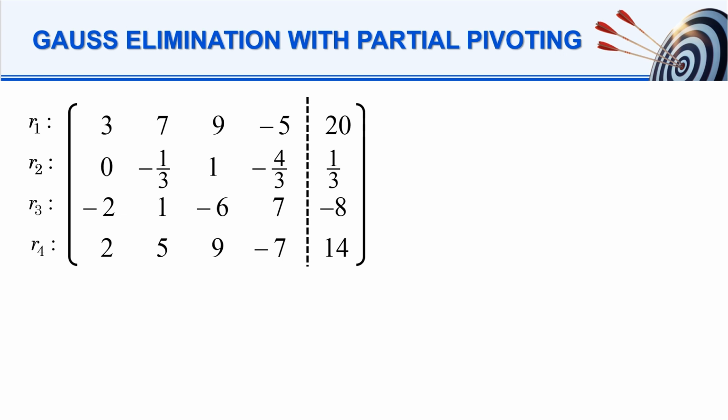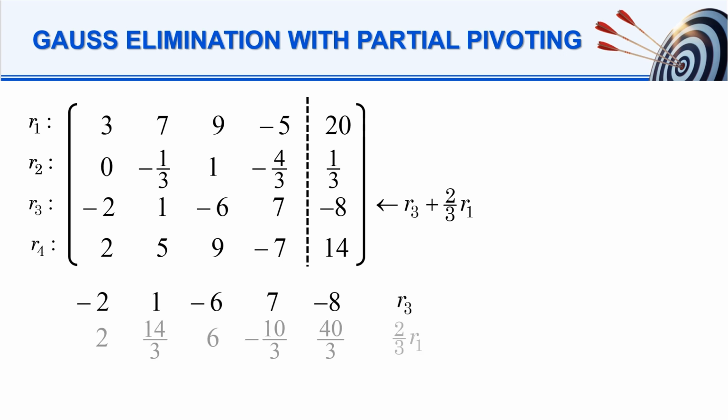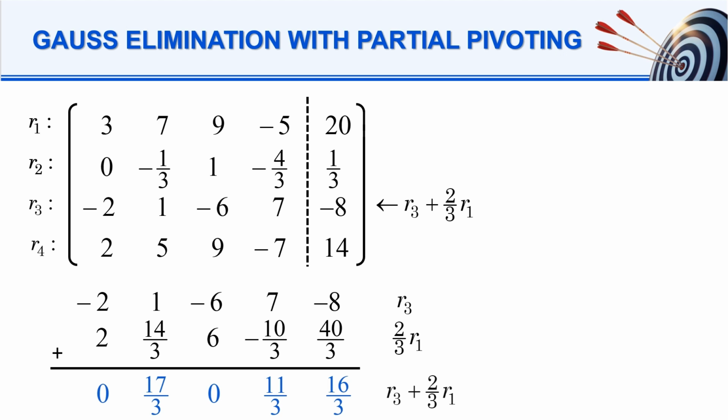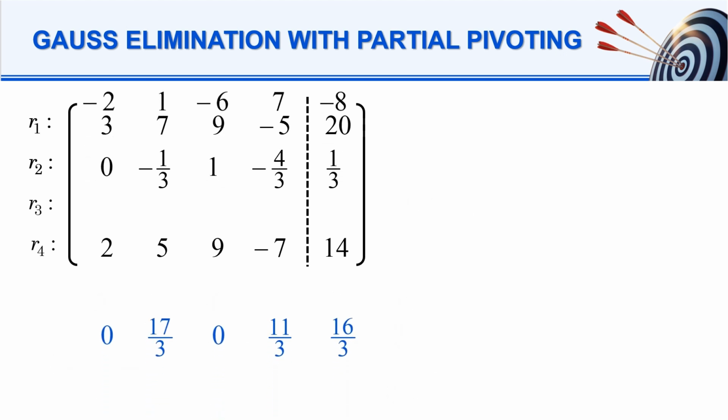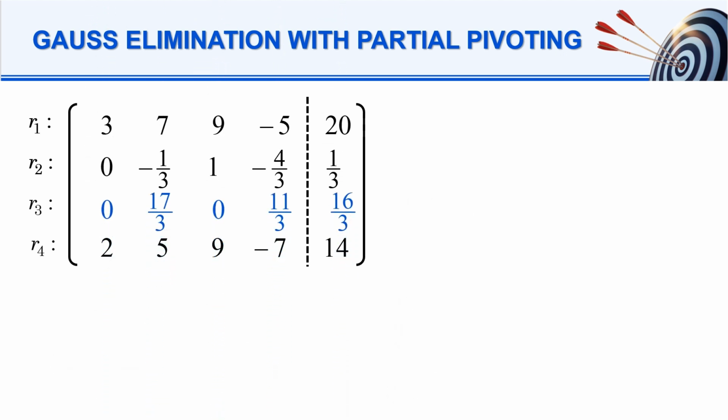Next, we add 2 over 3 times row 1 to row 3 to eliminate the -2 in the third row. Row 3 is replaced by the resulting row.